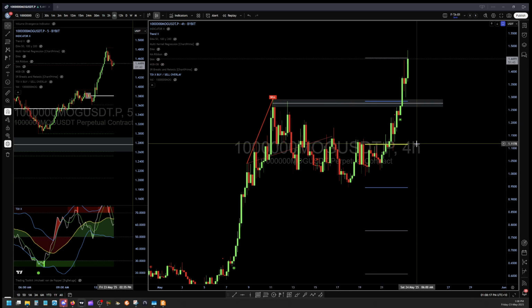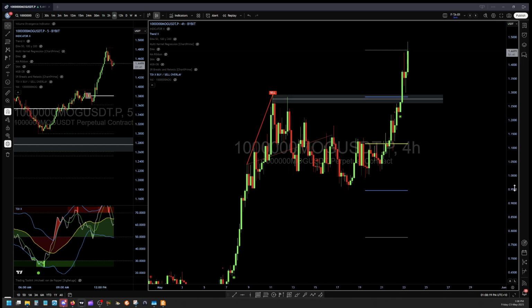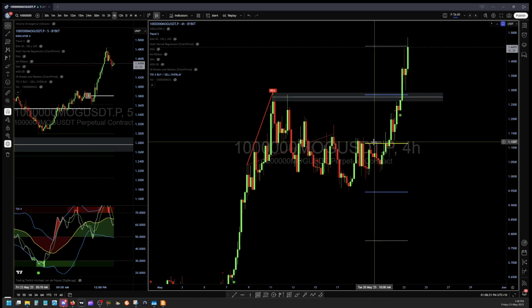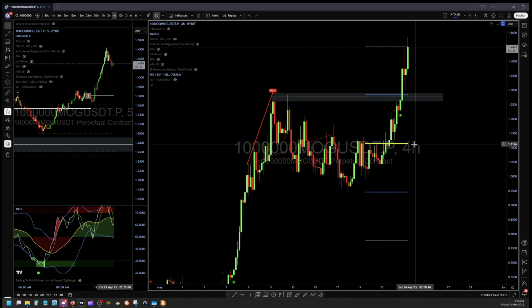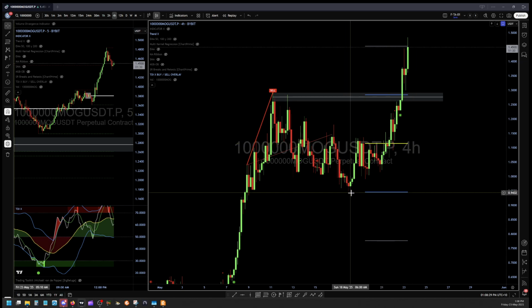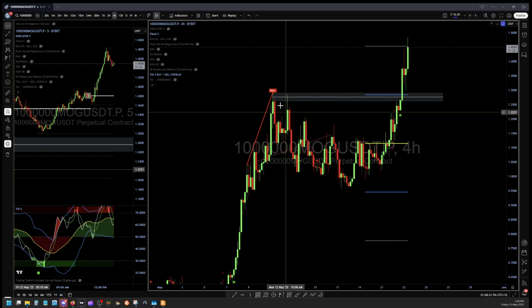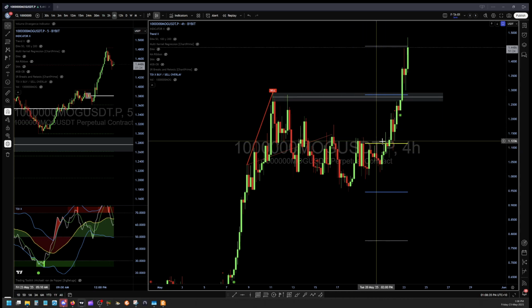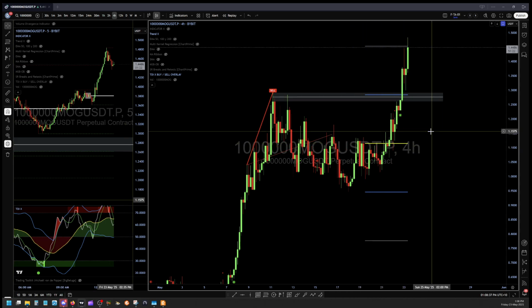But if you look here, what you're going to see is this super narrow weekly pivot, and price is above it. So that's bullish. And it looks like it had its bull flag, and then it kind of broke out of this narrow weekly.